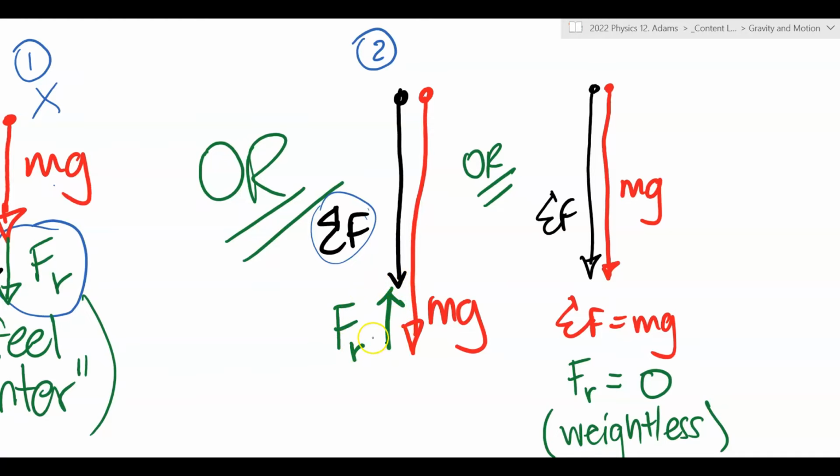There needs to be something that's going to push you upwards. You still feel lighter because your reaction force is smaller than your weight force, but you still feel like you're pressed up against the seat. Okay? And the reaction force needs to be upwards. You could get away with not having a seatbelt on in this scenario.